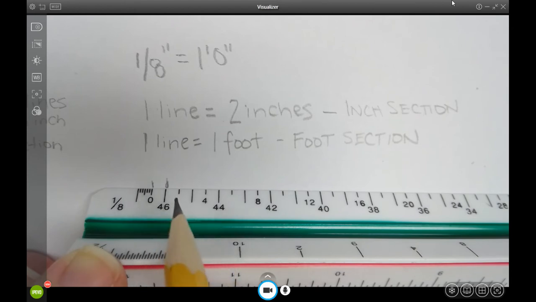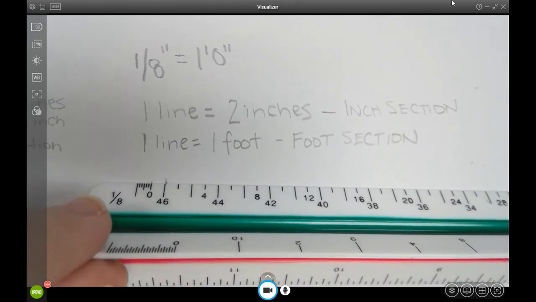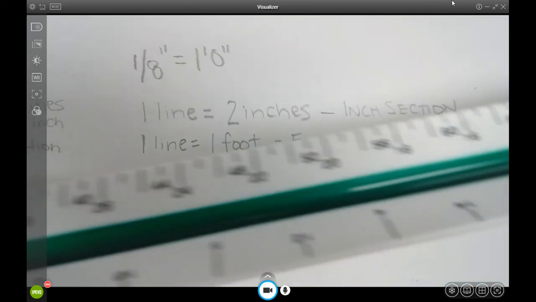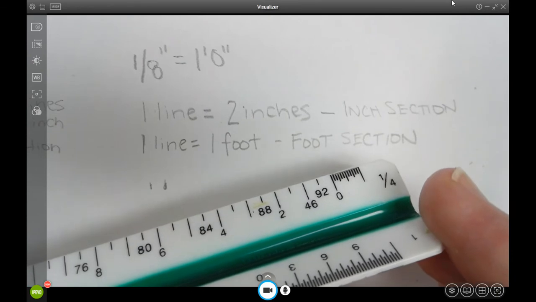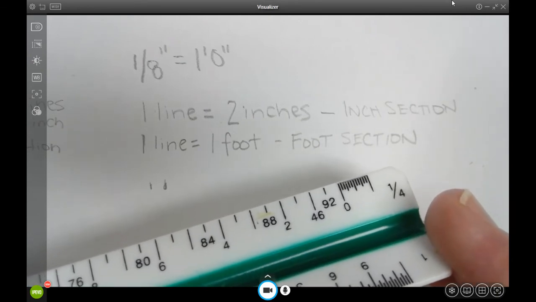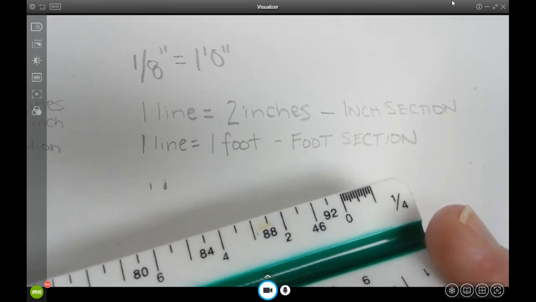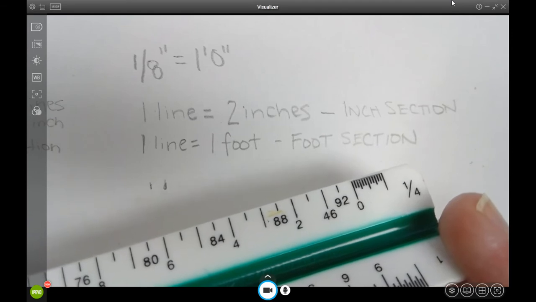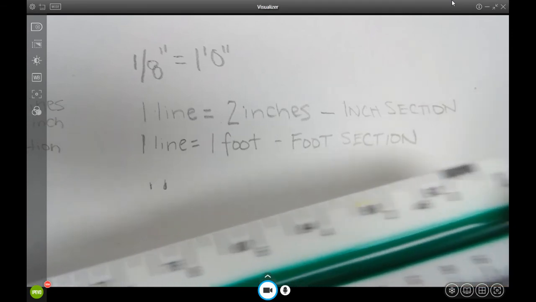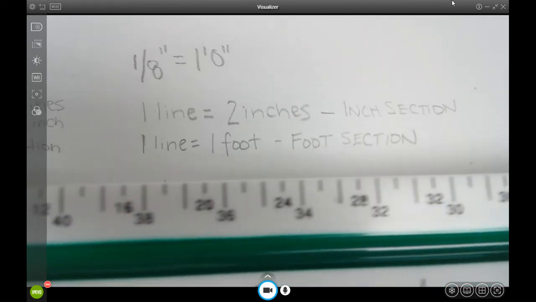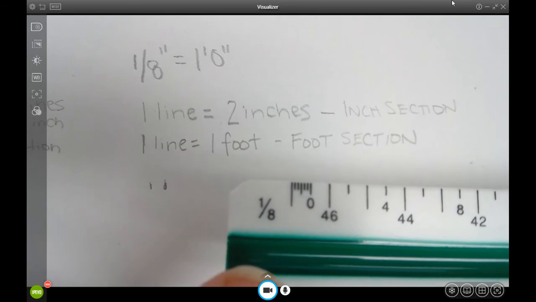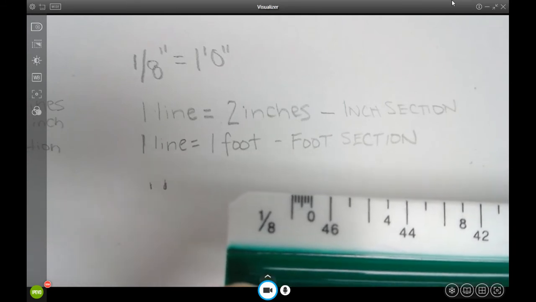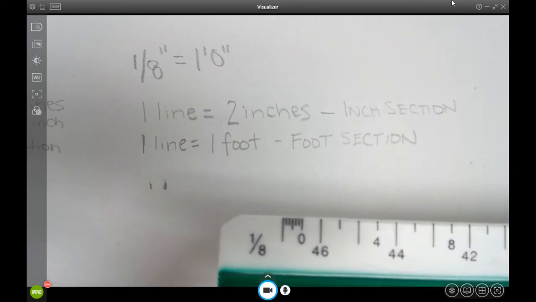The bigger numbers are for the scale. So I'm going to move this all the way down to the other end, nice and slow so I don't lose focus. But the bigger numbers towards the 1/8 section actually are from the 1/4 inch scale. All right. So the scales are overlapping each other, which is why you're seeing all kinds of crazy numbers and gaps, because there's scales on opposite ends.